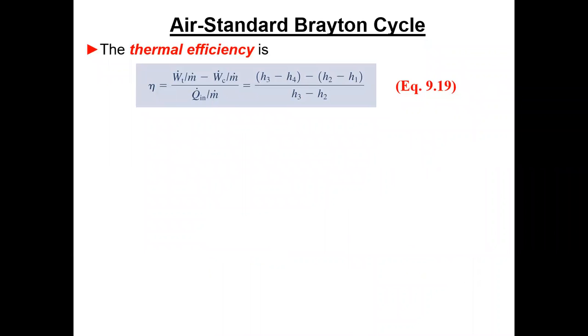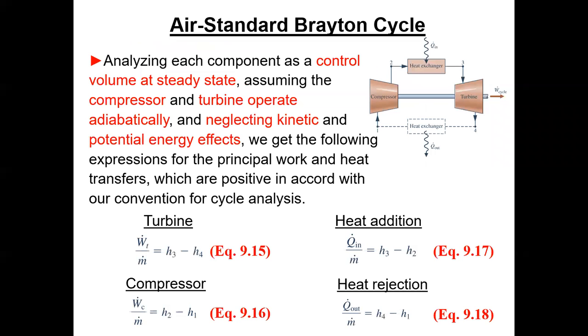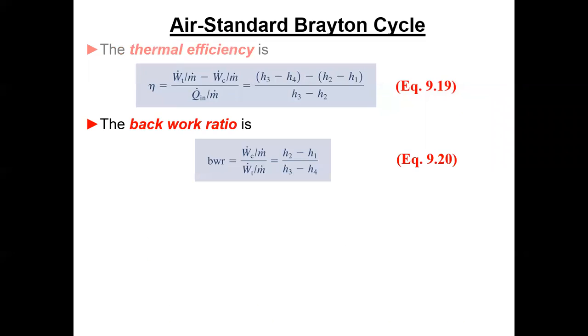And then we can go ahead and write the thermal efficiency. It's the turbine work per unit mass minus the required compressor work per unit mass divided by the combustor heat input per unit mass. And there are all the enthalpies filled in from those definitions right there. So that's all pretty straightforward.